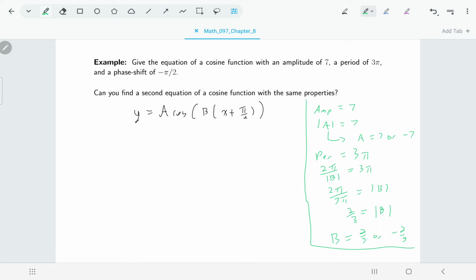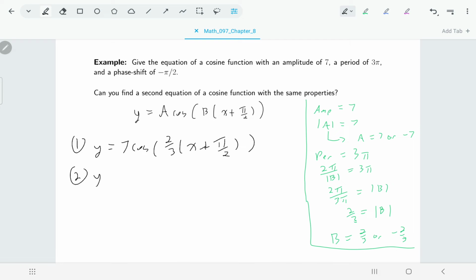So if I wanted to say what are some possible equations that have all these properties, I could say, well, maybe you have positive 7 and positive 2/3. And that would be something that has the given phase shift, period and amplitude.